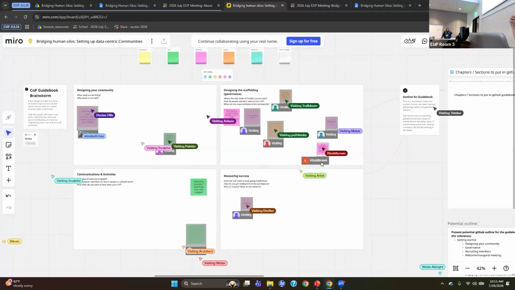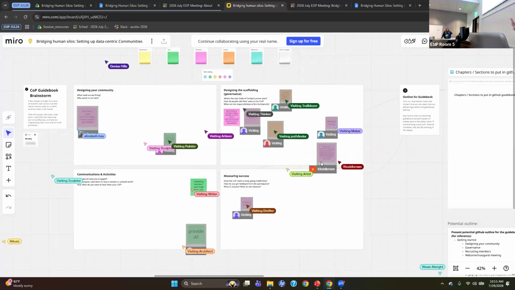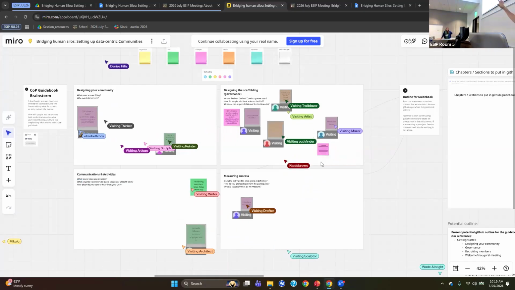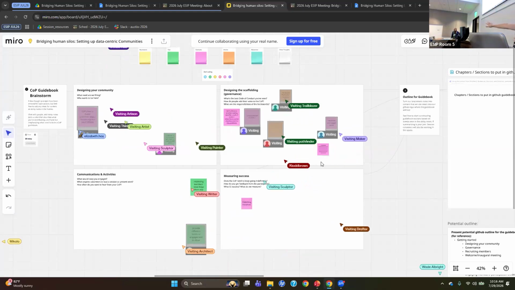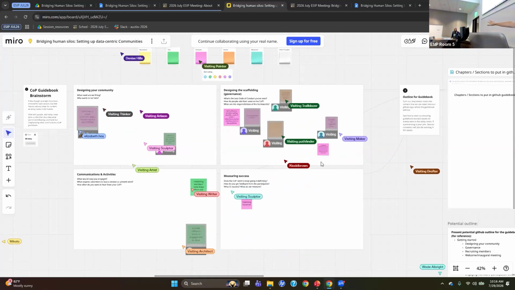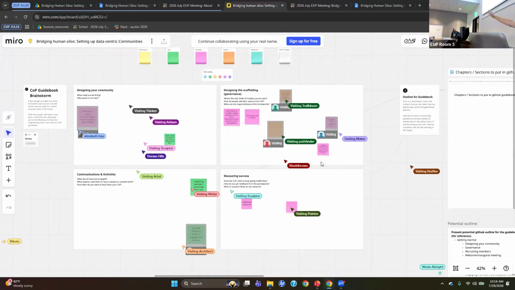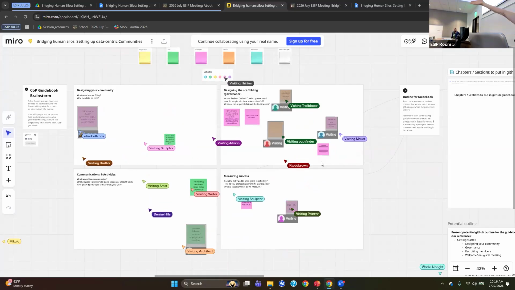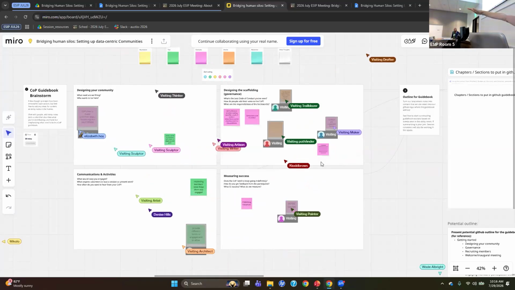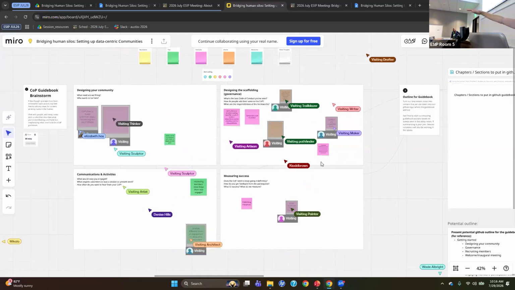But for people in the room, I see people are already putting in ideas, and this is great. But I think people that want to, if you do want to focus on a particular quadrant, this where Amy's standing can be the scaffolding governance corner. Back in that corner can be the place where it's designing the community. How do you reach the people?